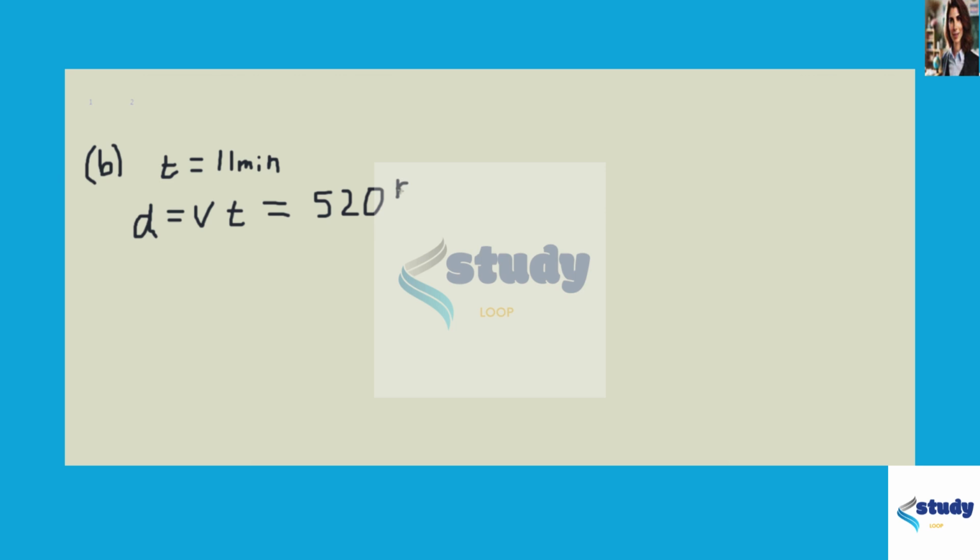But you'll notice we're going to run into a problem here because our velocity is in kilometers per hour and our time is in minutes, because this is going to be multiplied by 11 minutes. So actually, in order to carry out this calculation, we need to convert minutes into hours. And we can do that by realizing that 1 hour is 60 minutes. So we multiply by that conversion, and that will allow us to carry out this calculation.